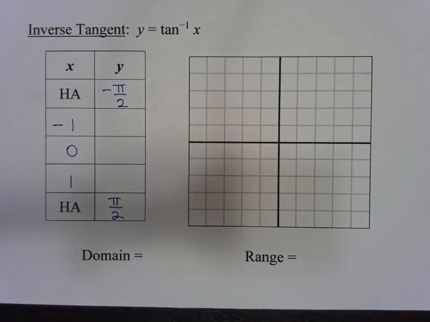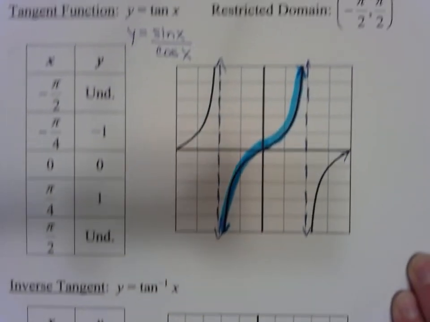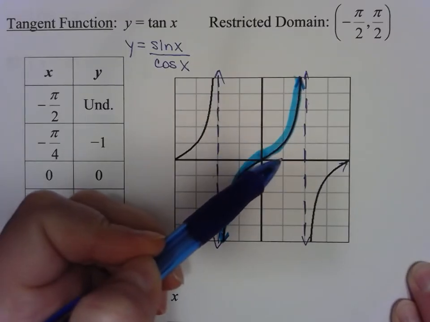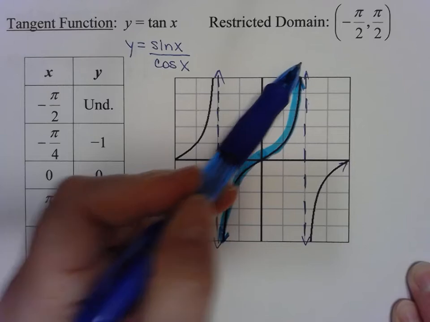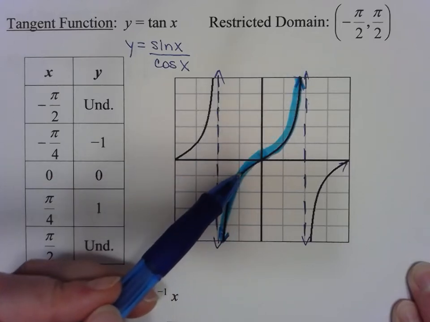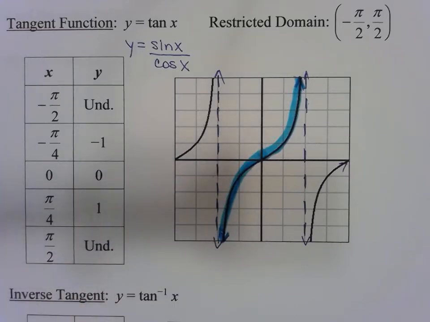So for the inverse tangent, what happens is really the opposite of what happens in the tangent. Let me go back. As the x value gets closer to pi over 2, the y value is shooting up to infinity on the right, and then on this side shooting down to negative infinity.